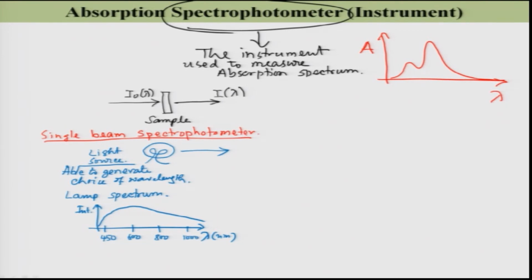But you need a particular lambda. So, you need some device which can be used as a wavelength selector. Actually, it is known as a monochromator.